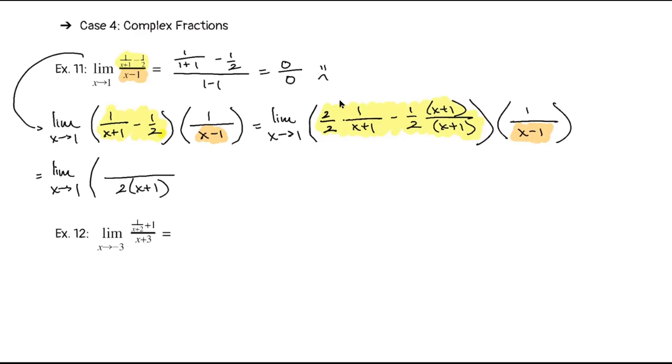And then in the numerator, I get one minus x. Any questions about where the 1 minus x came from?